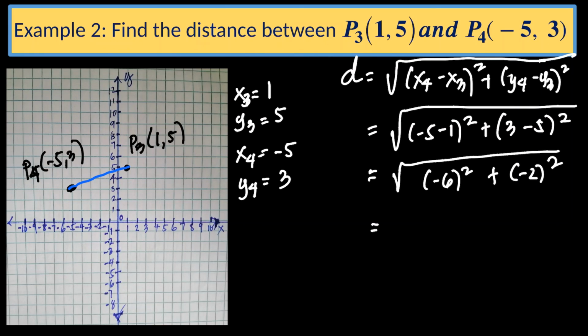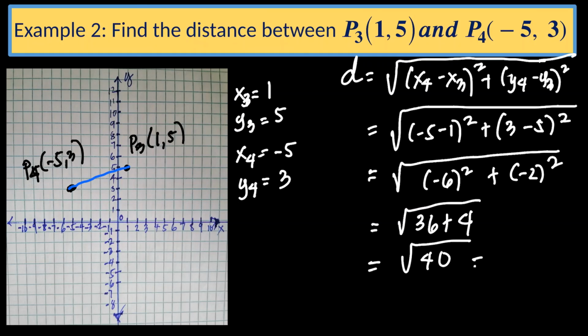So negative 6 squared is 36, plus negative 2 squared is 4. And so this will give us the square root of 40. But 40 can be simplified.